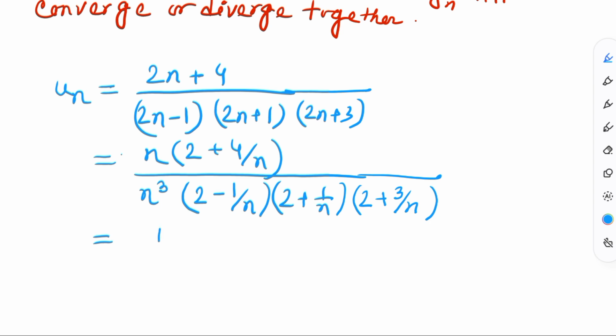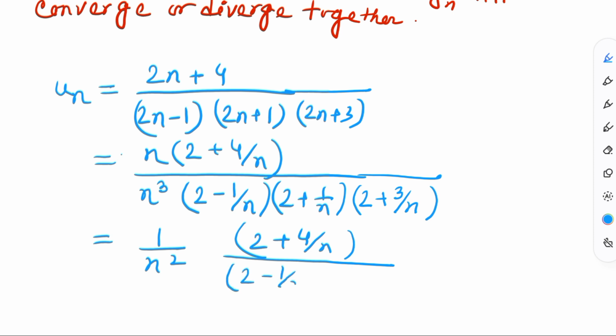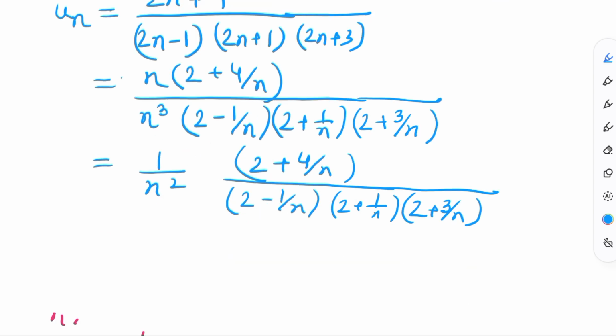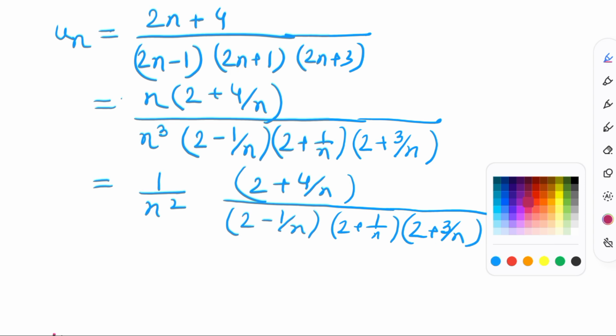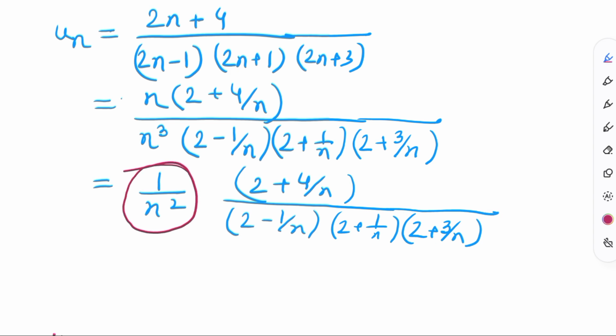Now further calculation gives you this. Now un becomes 1 by n square times this. Now we will choose the other series as 1 by n square. The remaining part is 1 by n square and we will choose this as the other series.